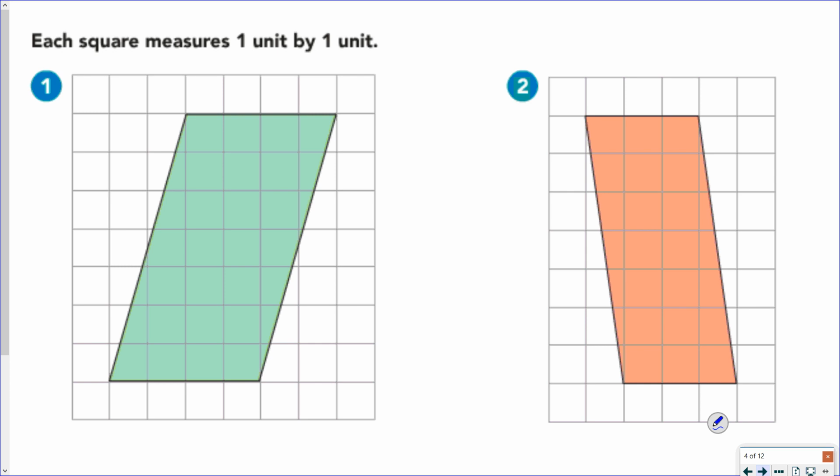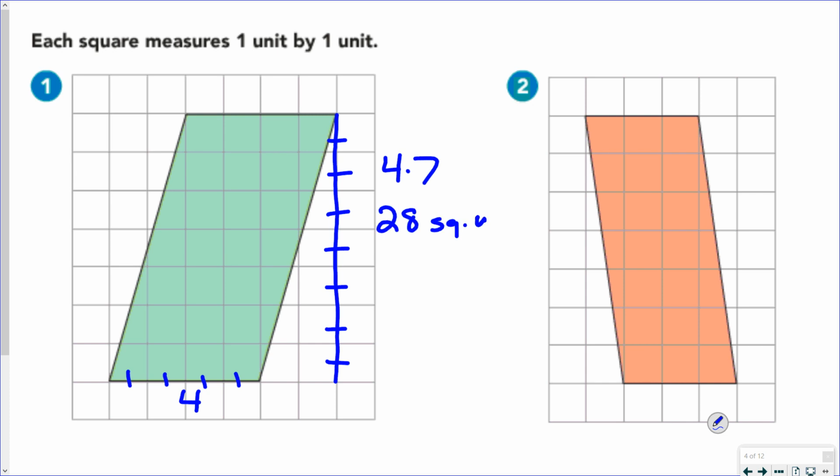So we're going to use this bottom part as our base, and that base is 1, 2, 3, 4 units. And then for our height, we do want to go straight up and down, so we can put in a height right here, and we can measure that height as 1, 2, 3, 4, 5, 6, 7. So we would take 4 times 7, which gives us 28 square units.